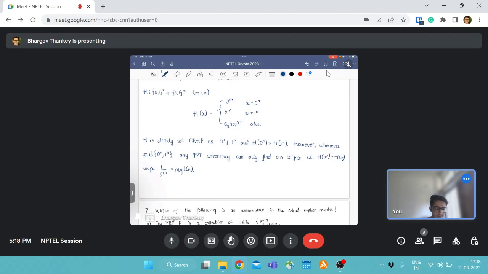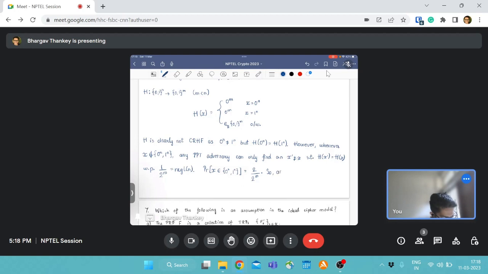So whenever x is not either of these two, the chance of a second preimage resistance adversary succeeding is negligible. And furthermore, the probability that x is in {0^n, 1^n} is just 2 over 2^n, right?